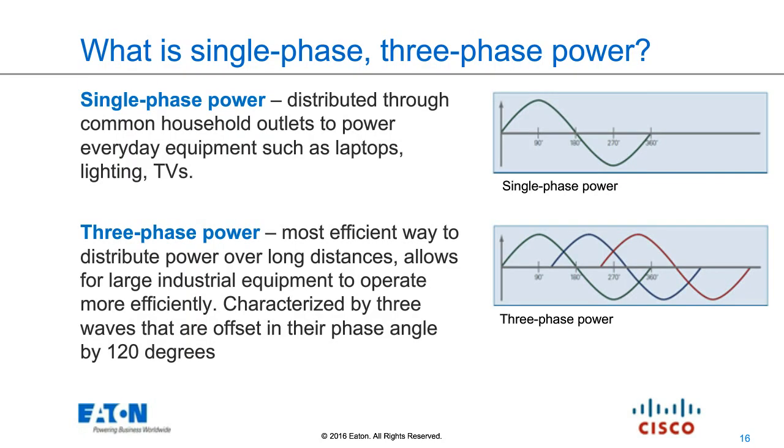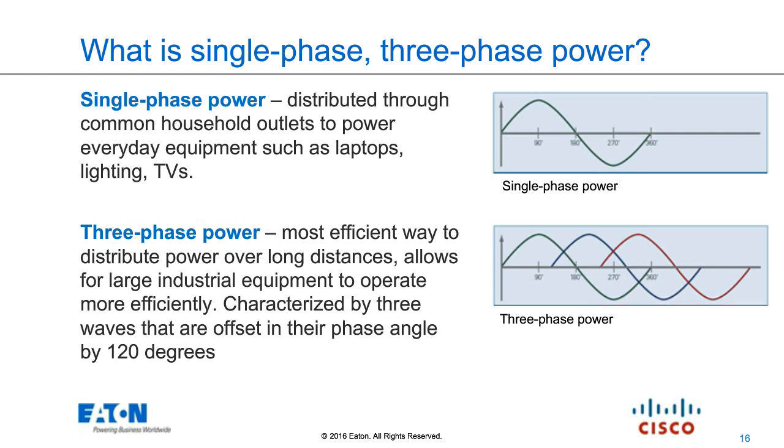First, let's discuss the difference between single phase and three phase power. Single phase power is essentially one phase, one sine wave, and with that you'll have a neutral line as well as that phase. With three phase power, you've got three phases that are 120 degrees out of phase with each other.